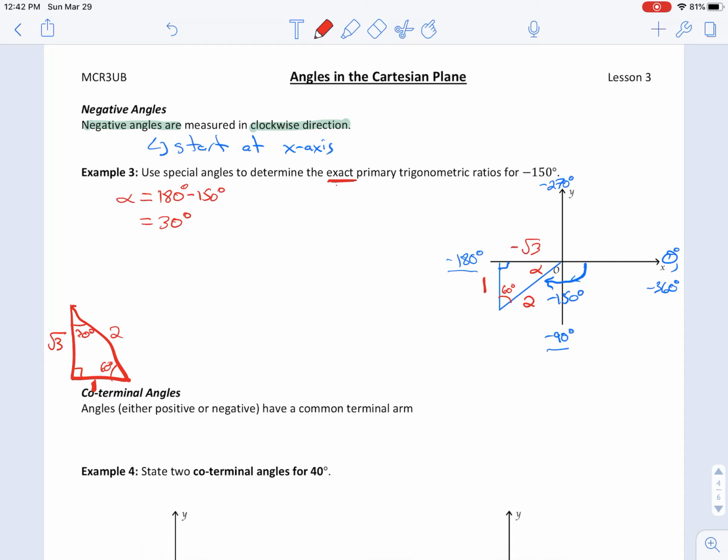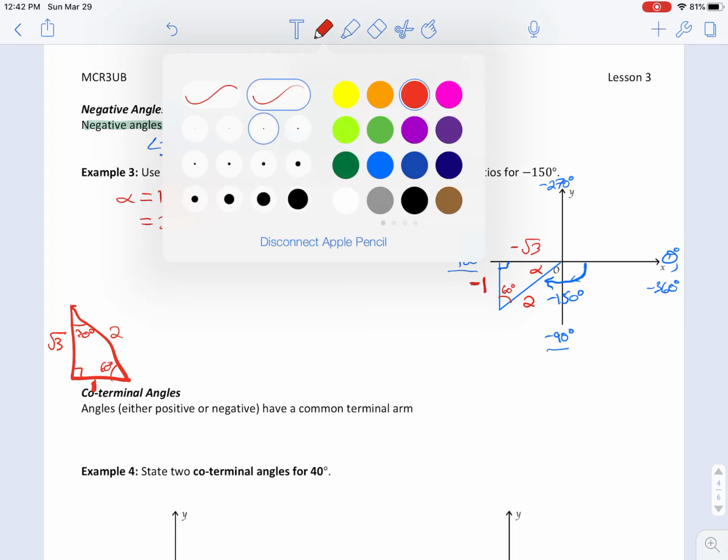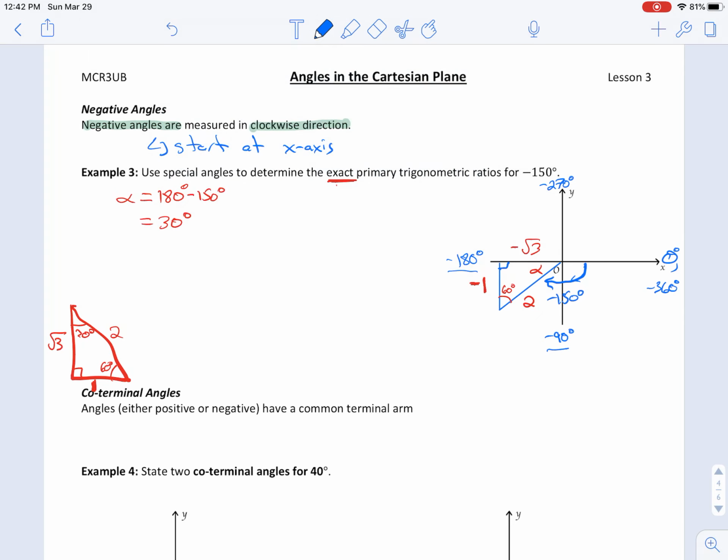And if you want, you can include the negatives because you know it's going in the negative direction in both x and y. You don't necessarily have to, but you can as long as you do it at the end when you're using the CAST rule. So it says we're going to get the primary trig ratios for that. Really, sine of minus 150 is the same as sine of 30, and that's where alpha and theta always relate to each other.